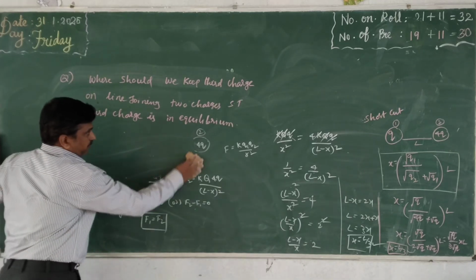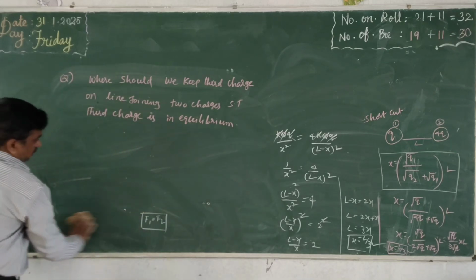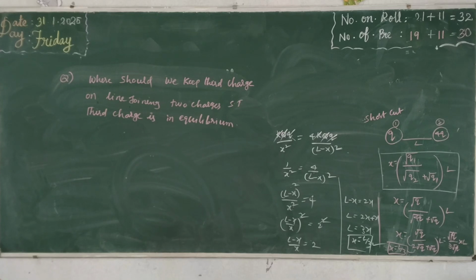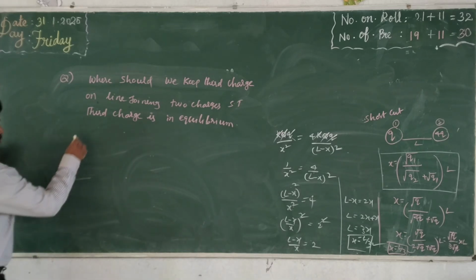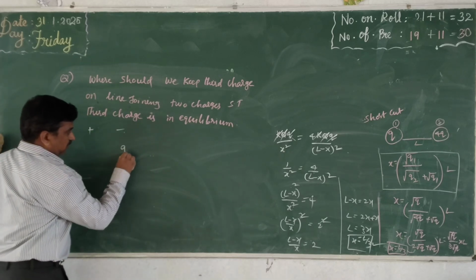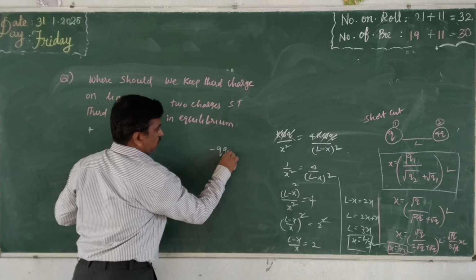Next problem: where should we keep the third charge on the line joining two charges? Before, we took positive charges or negative charges. Now we take one positive charge and one negative charge. For example, here q, and here minus 9q.